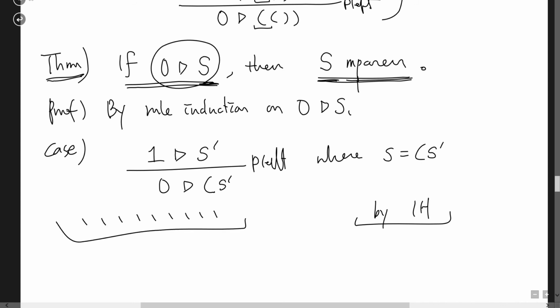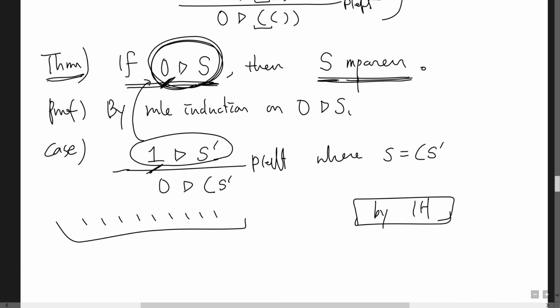But the problem is the premise has a different form from the judgment in the original statement. This statement requires the count to be 0, but we have a count 1. So we cannot even apply the induction hypothesis. We cannot obtain it from the premise because this judgment looks different from this judgment.